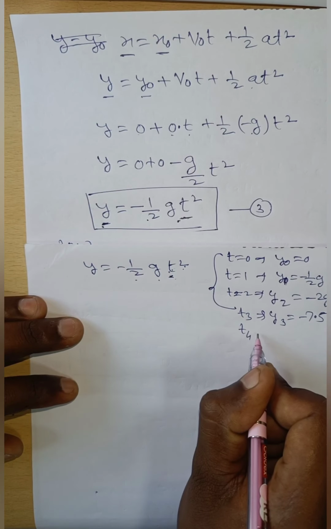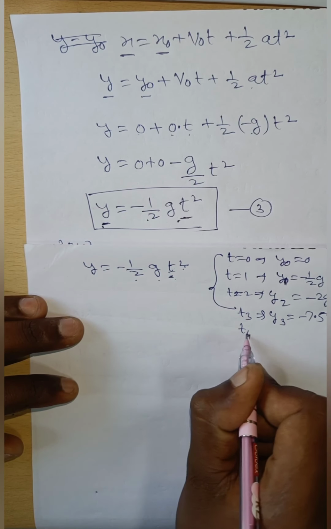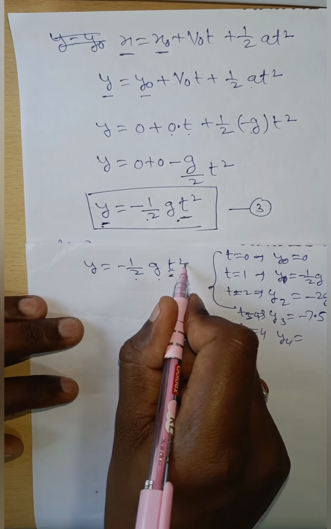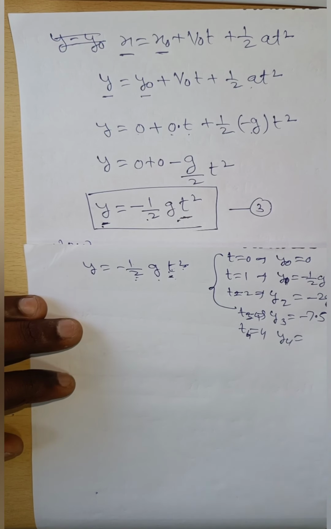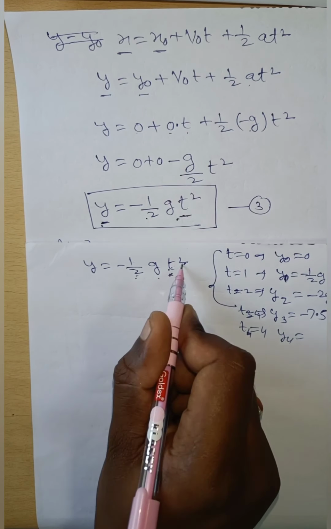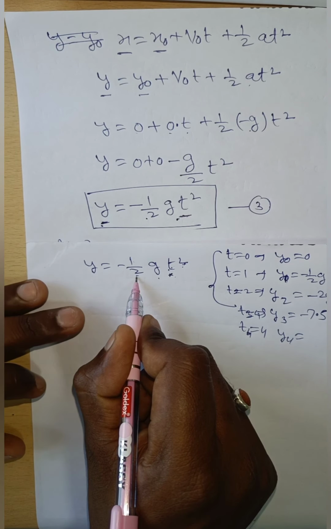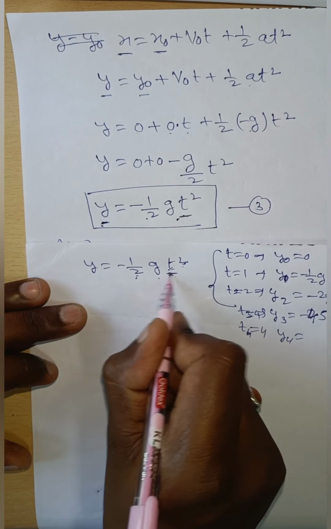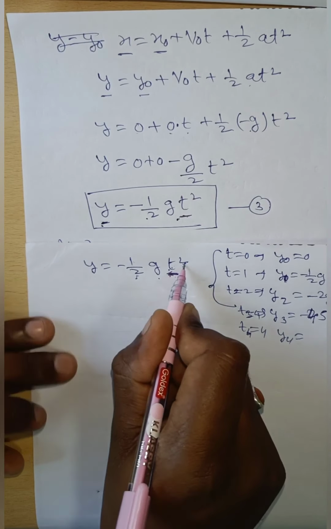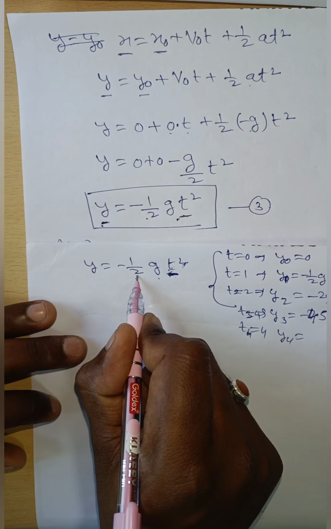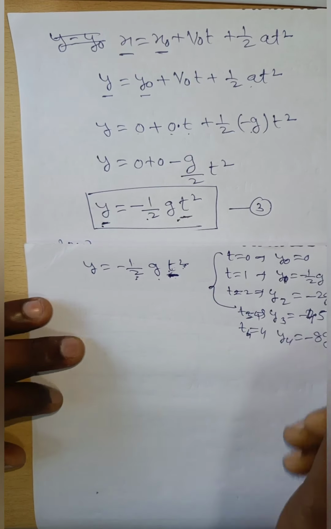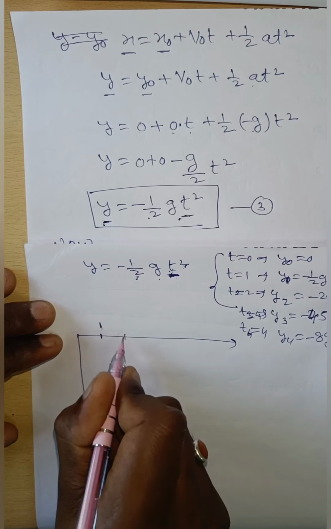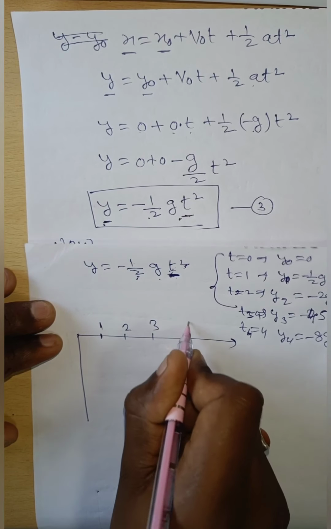If we put t equal to 4 seconds, then y4: 4 square is 16, 16 divided by 2 means minus 8, minus 8 into g. Now we have to draw the graph between t equal to 1 second, 2 seconds, 3 seconds, 4 seconds.